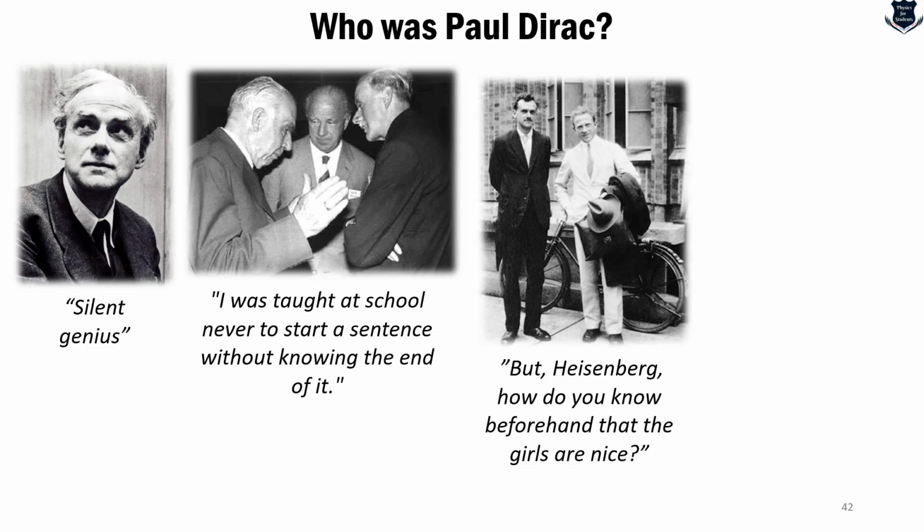On one such occasion, Dirac asked Heisenberg why he danced with beautiful women. Heisenberg replied, "When there are girls, it is a pleasure." And after considering this, Dirac answered, "But Heisenberg, how do you know that the girls are nice?"